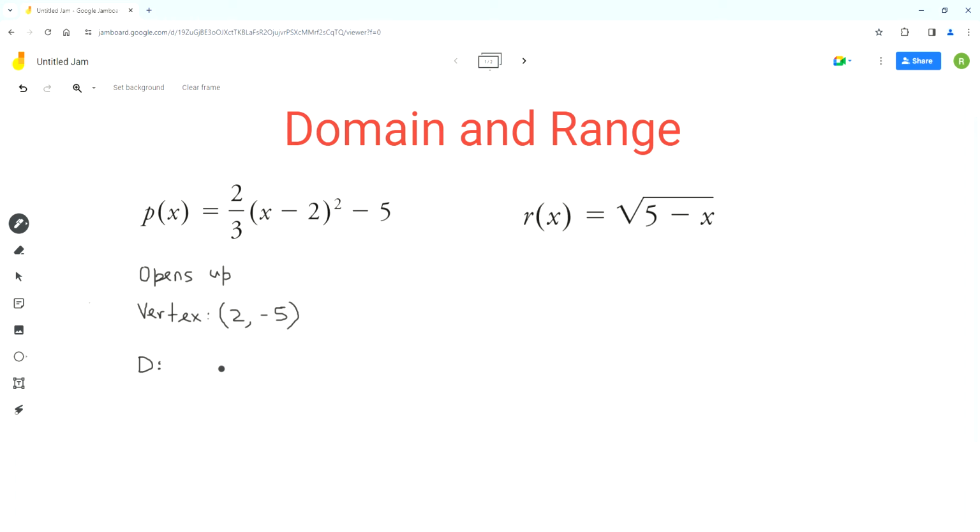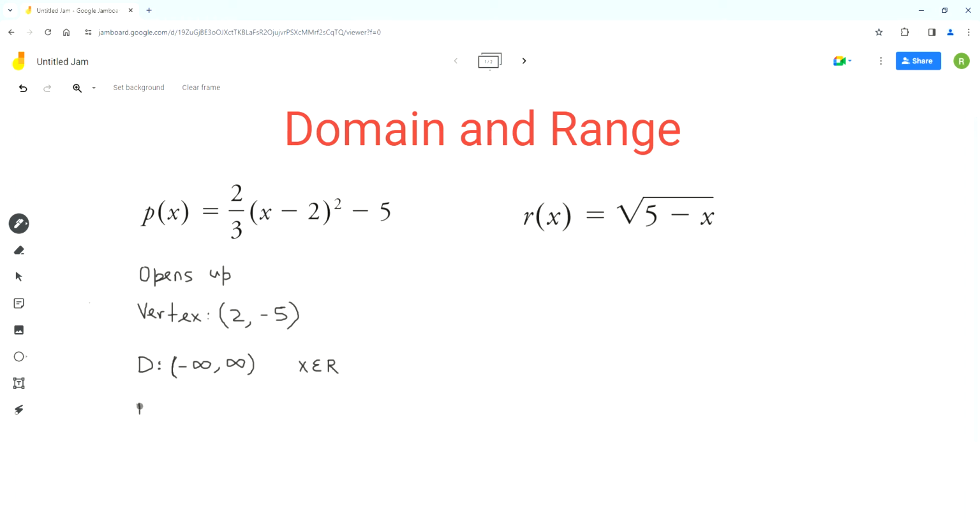So the domain for a quadratic function is written in interval notation as negative infinity to positive infinity, because there is no restriction on the domain. And for infinity and negative infinity, we always use the parentheses. And in the other format, we can write the domain as just x ∈ ℝ. That means x can be any real number.